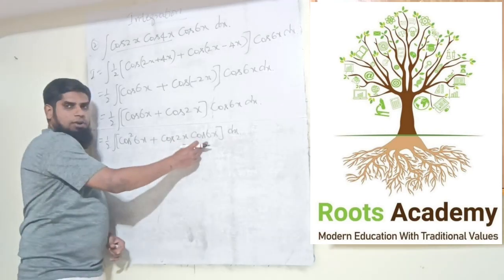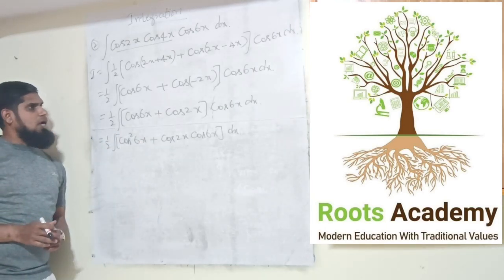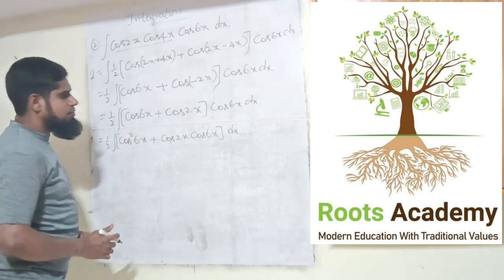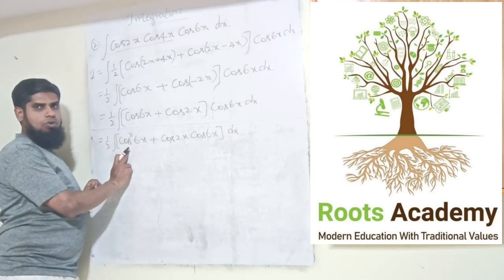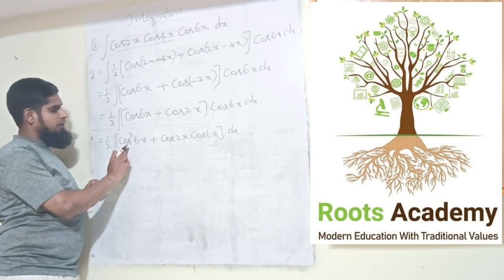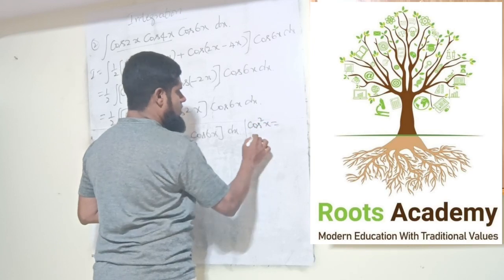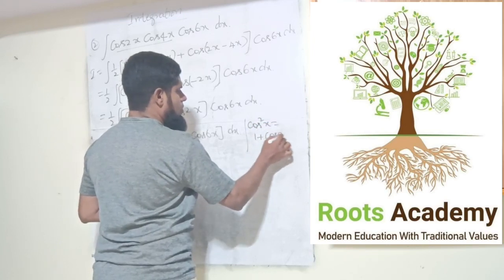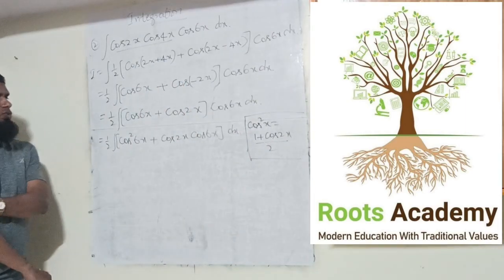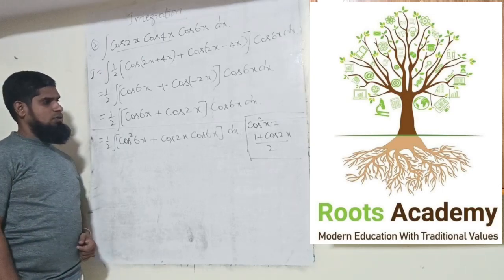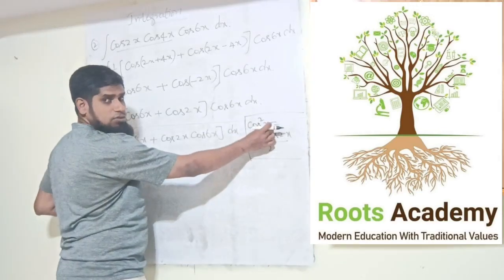Now student, again we can apply a formula here, and cos square x has a formula. What is the cos square x formula? It is 1 plus cos 2x whole divided by 2. Now here, in place of x, what do we have?